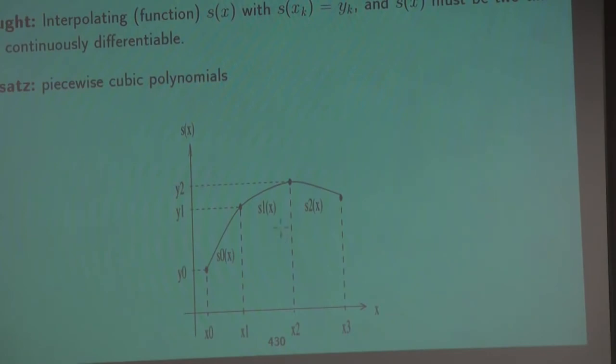Because this Hiwi might do something like that. So we could fit a parabola like this, and another one like this, and maybe here a straight line. And that's maybe not what we intended. It's perfect. 3 cubic polynomials.